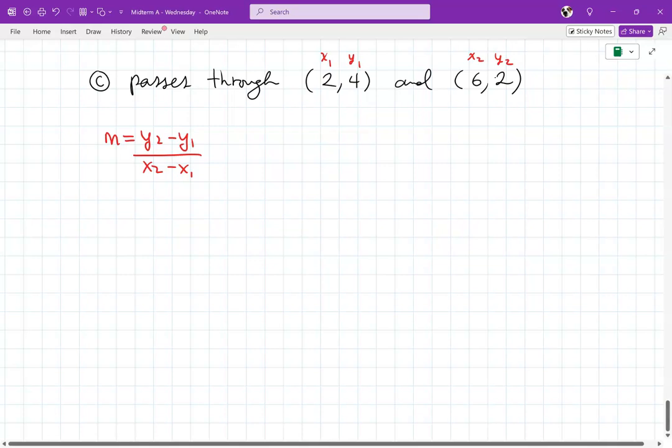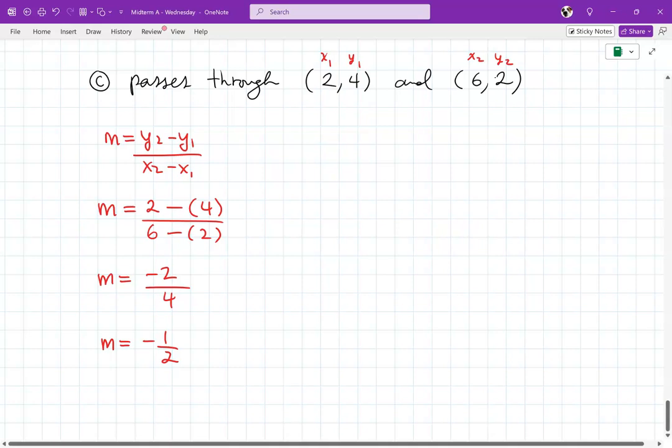So let's find the slope. So m is equal to y2 is 2 minus y1 is 4 over x2 is 6 minus x1 is 2. So 2 minus 4 is negative 2. 6 minus 2 is 4.